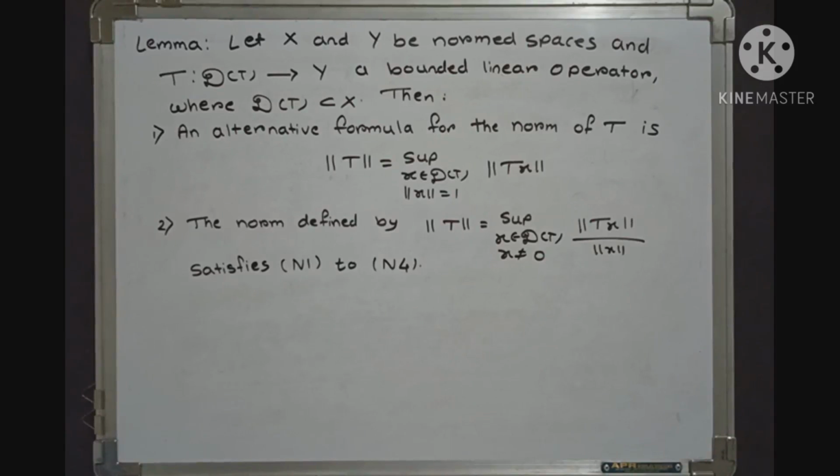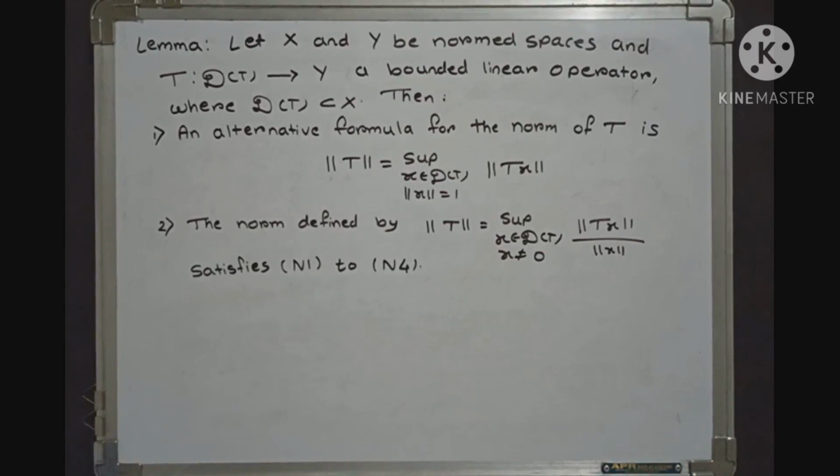And the other norm, defined by the norm of T equals the supremum over x belonging to D(T), x not equal to 0, of the norm of Tx divided by the norm of x, satisfies N1 to N4. That means the norm defined like this satisfies all the axioms of a norm. In this way we have to prove these two statements.